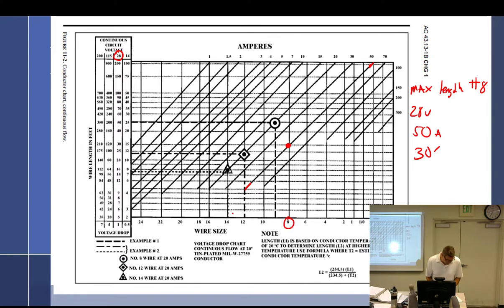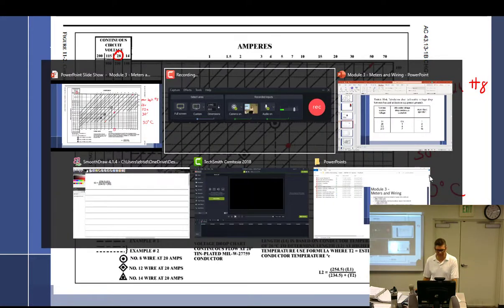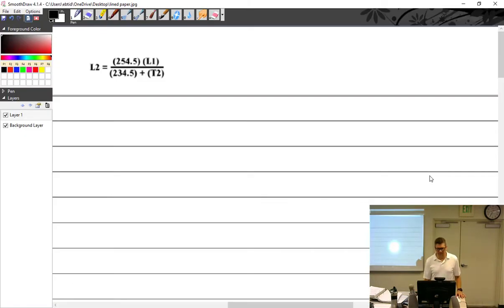Okay. What if the max temp is 50 degrees Celsius? I don't know if you can see. Can you see that? I mean to make it bigger. All right, so we're going to use this formula.